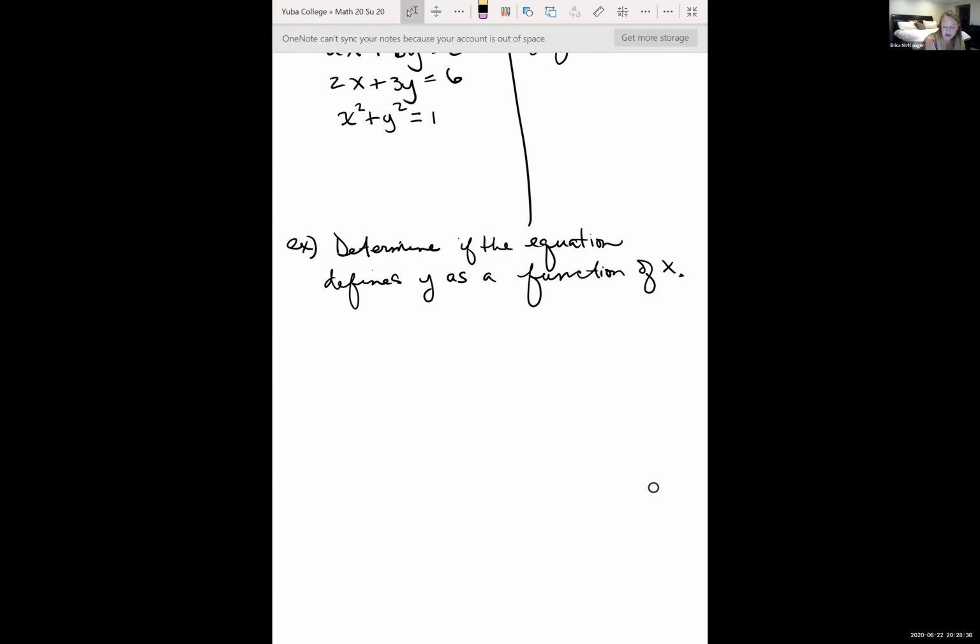Some of you might be able to recognize what the equation is and if it's a function or not by the graph. So first thing that you want to do is put the equation in explicit form.